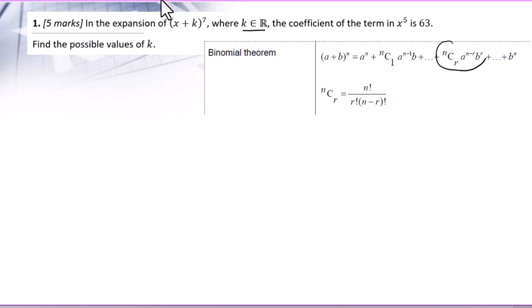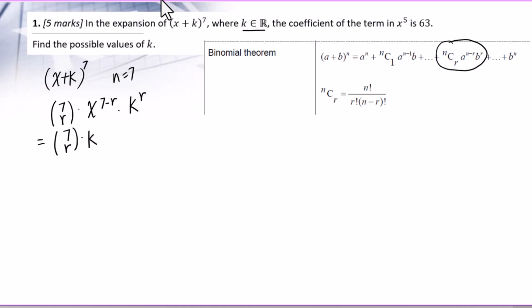This is the general term for binomial expansion. X plus k to the 7th power, n equals 7. General form, 7 choose r times x to the 7 minus r's power times k to the r's power, equals 7 choose r times k to the r's power times x to the 7 minus r's power.